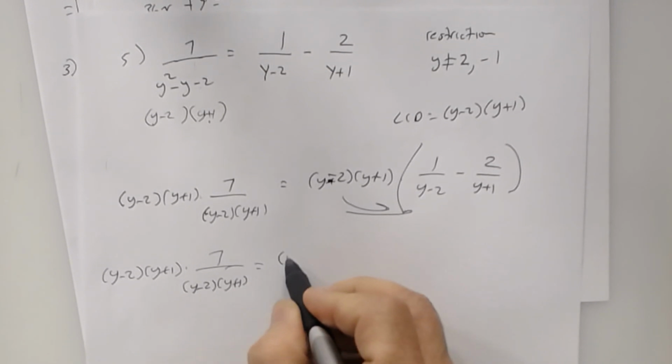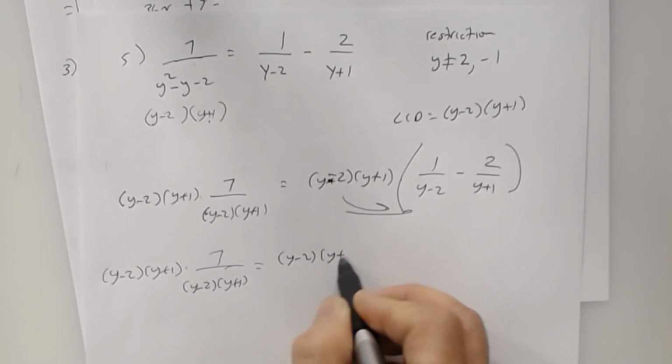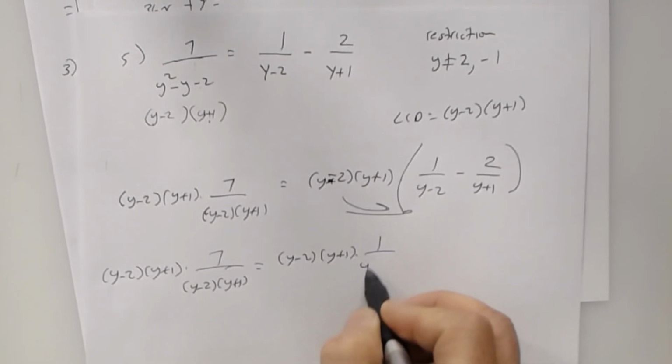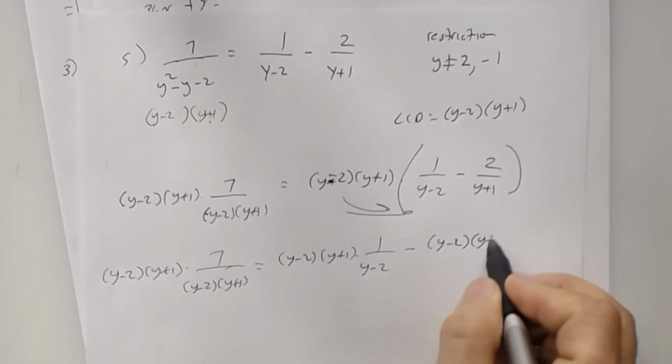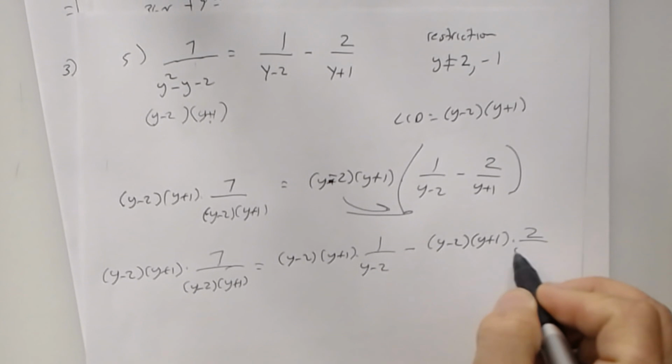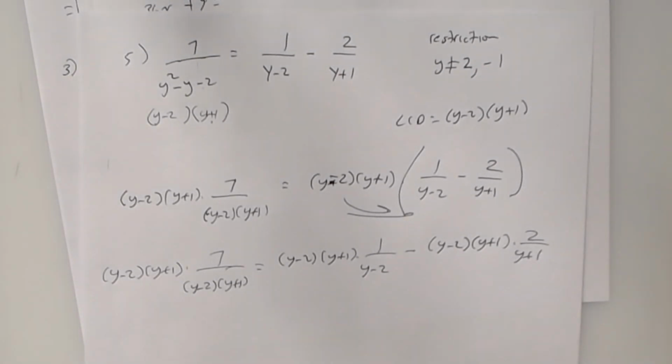So you're going to say y minus 2 times y plus 1 times the first fraction, minus y minus 2, y plus 1 times what? Second fraction. That's what you need to write. It only took 15 seconds. Okay? 15 seconds, all it took.